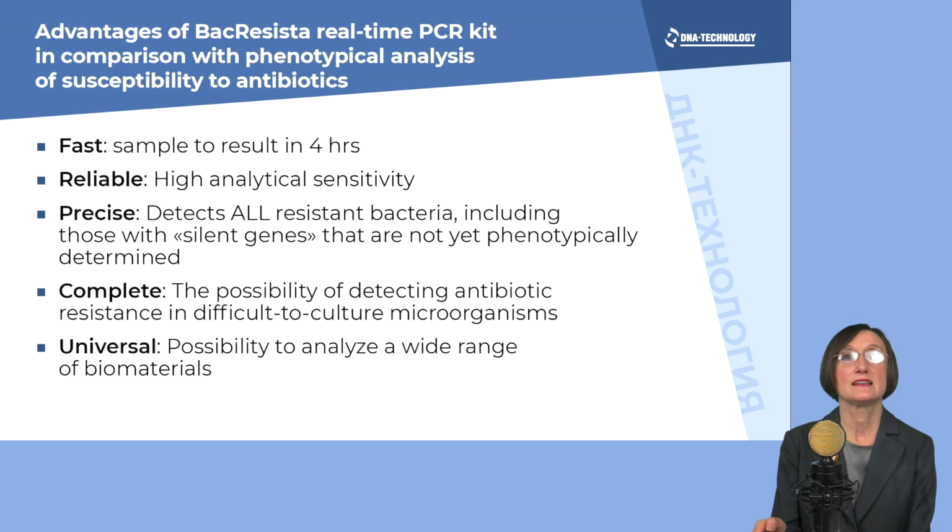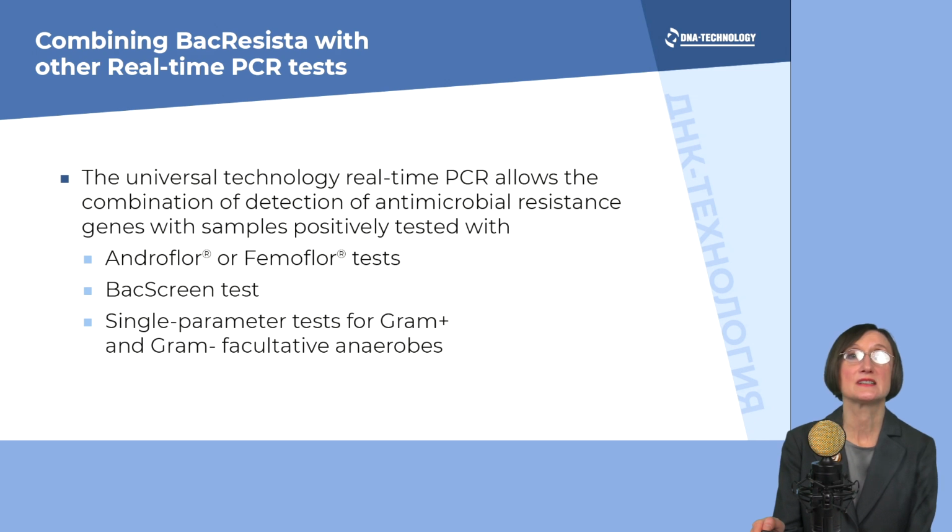In contrast to phenotypic analysis, real-time PCR is a fast and reliable test. It detects all resistant bacteria, including those with silent genes that are not yet phenotypically determined. The line of BacResista kits was developed to be combined with the kit BacScreen UPM. They really complement each other and can be performed using the same primary biomaterial and can be run in parallel.